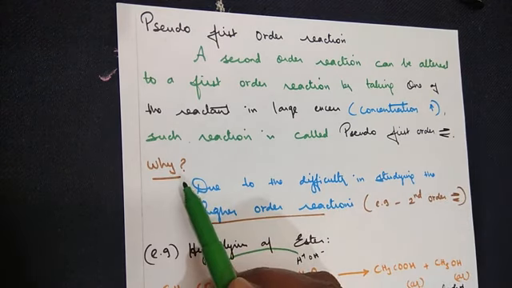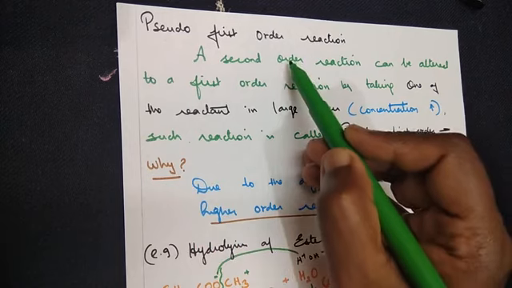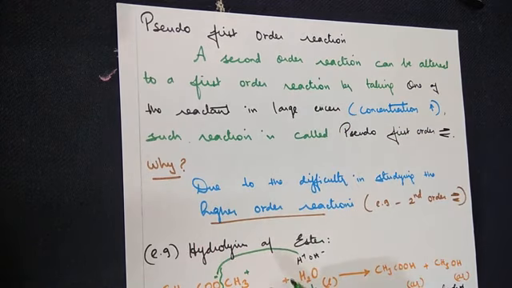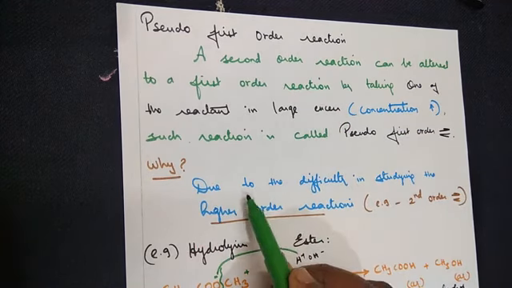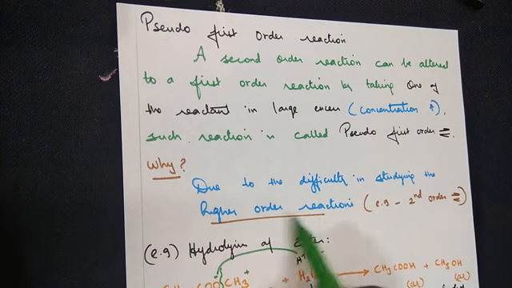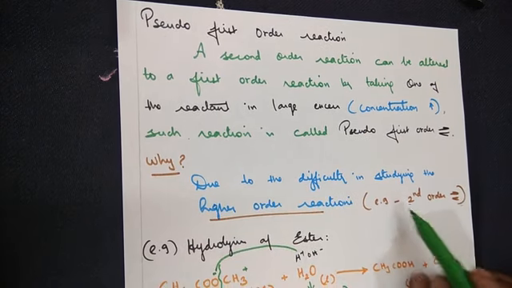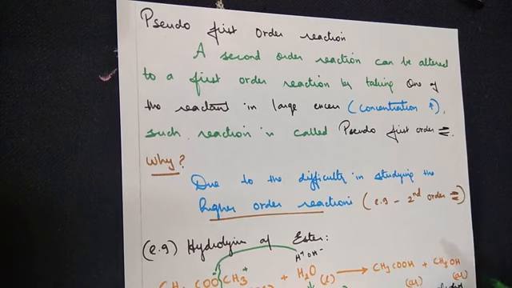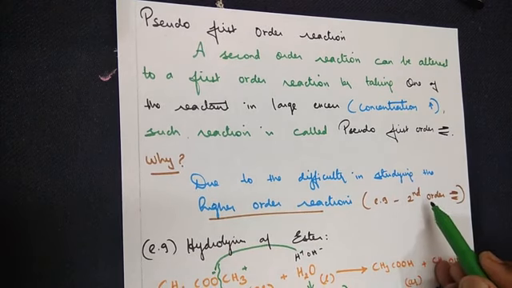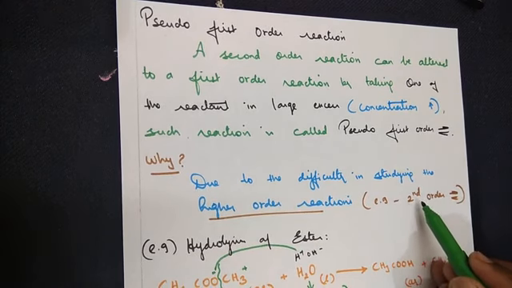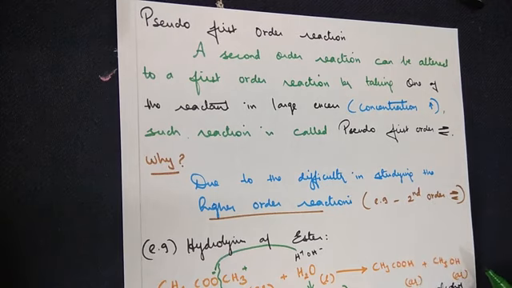Now the question arises, why are we converting a second order reaction into a first order reaction? The reason is the difficulty in studying higher order reactions. Take the example of a second order reaction. There are two reactants participating in the reaction to give us the product.